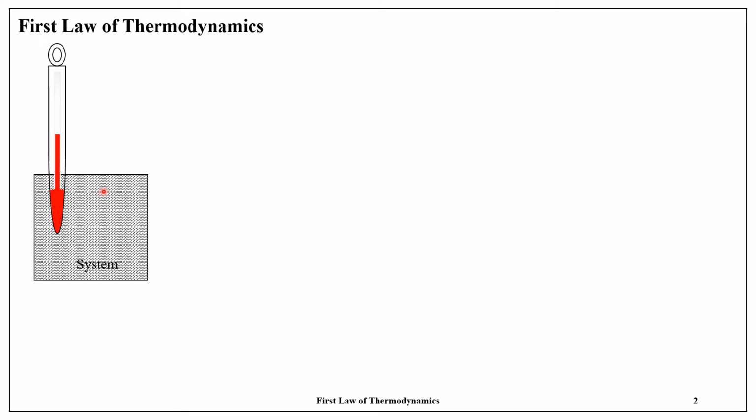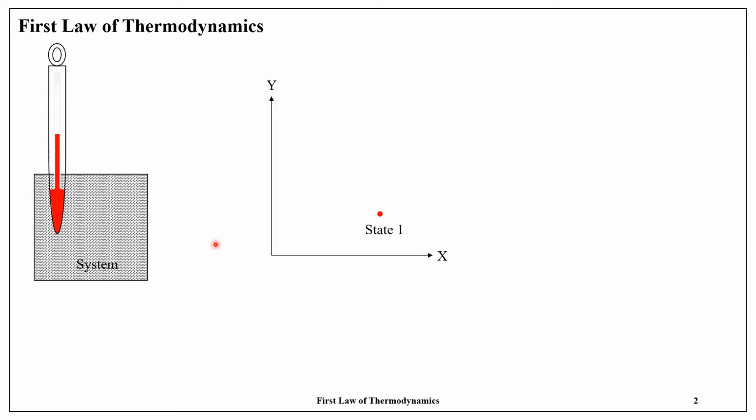That means the system is initially at atmospheric state. The state of the system can now be plotted in a chart. X and Y are any two properties of the system, and the initial state, which is equal to atmospheric condition, is plotted.